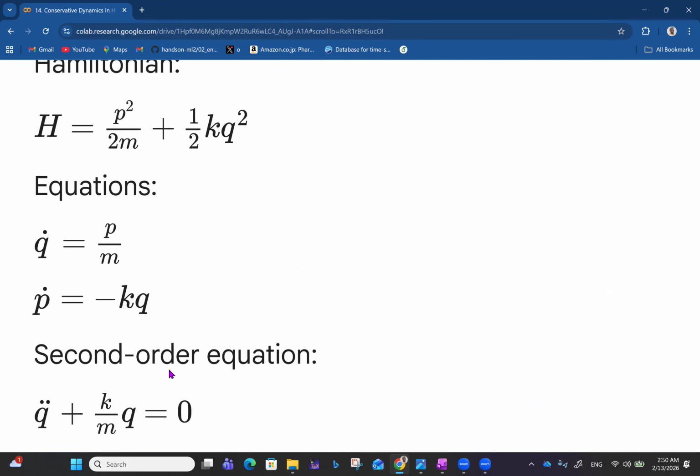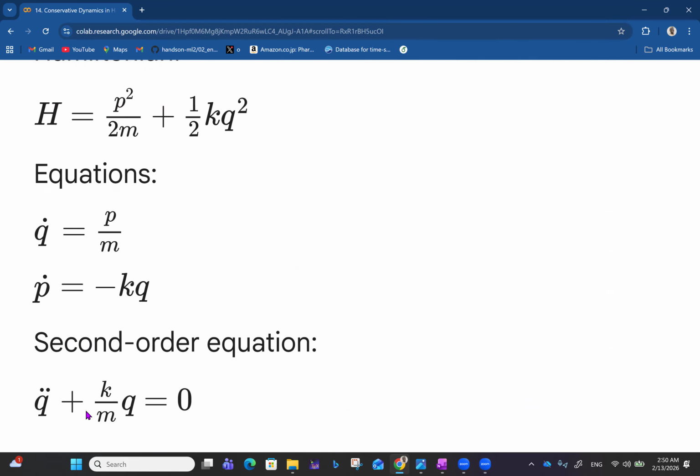Now we can make this into a second order equation.